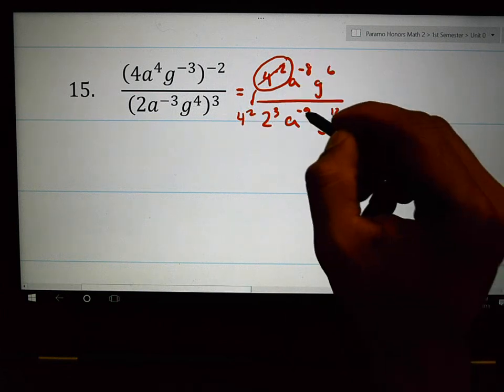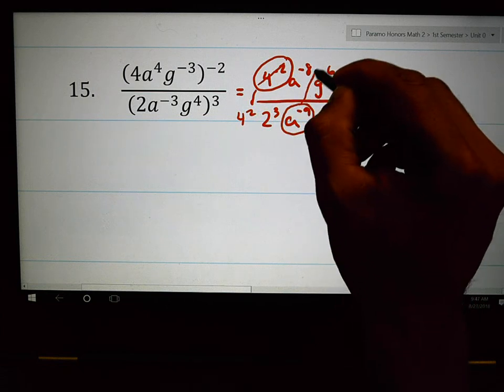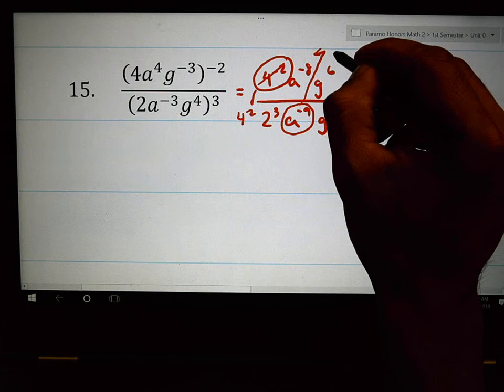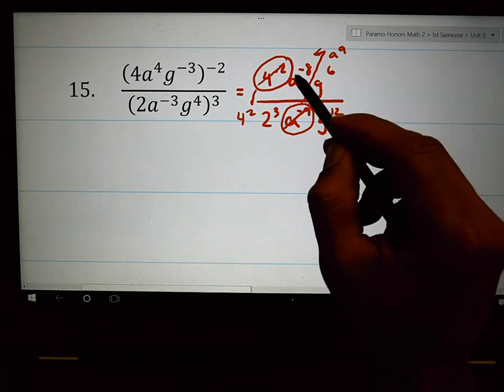I'm only going to move a to the -9 up here. Because then I can put them together.